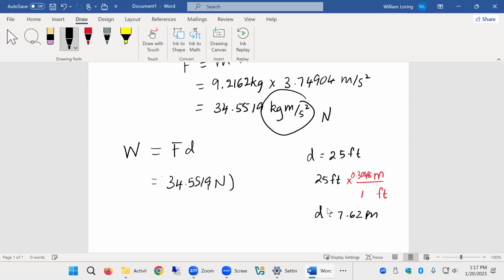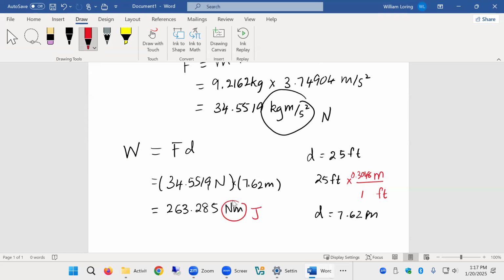So multiply 34.5519 by 7.62, and that should give you 263.285 Newton meter. This Newton meter is the same as joules.